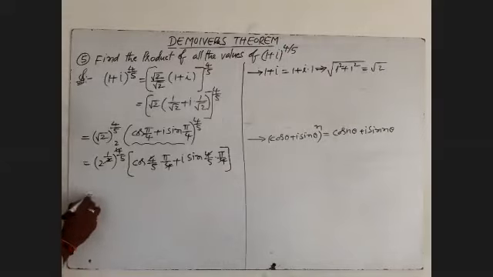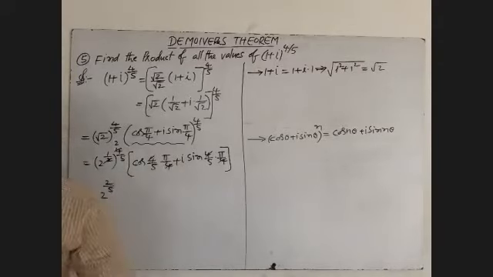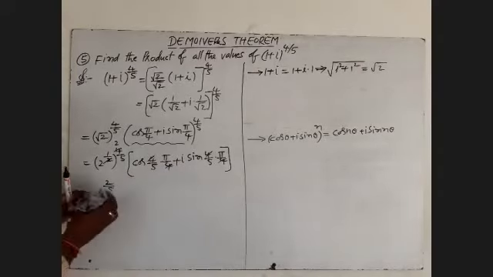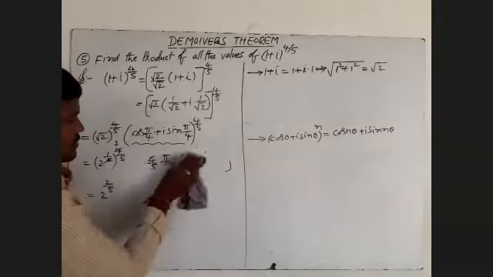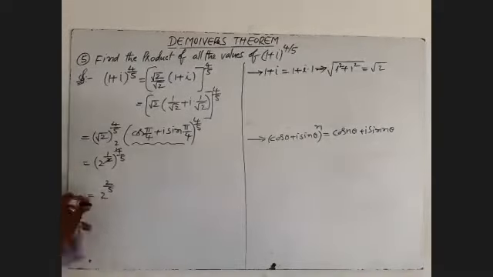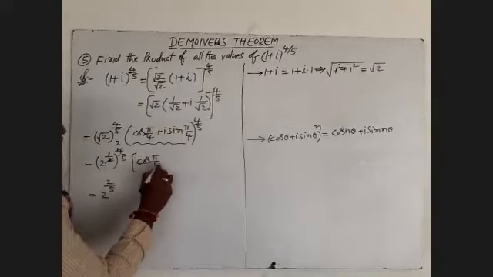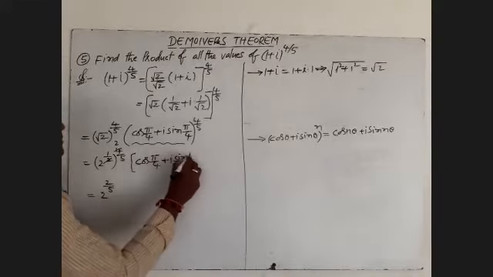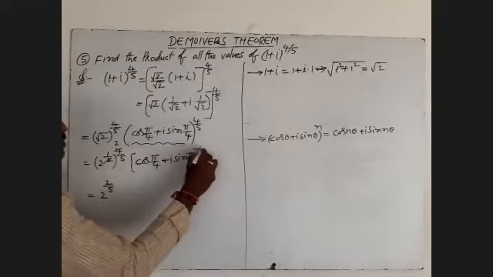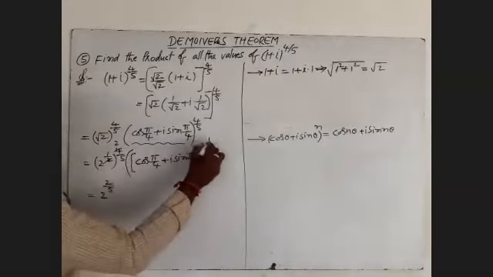Remaining we have to write 2 power 2 by 5 into, so I am sorry, here we'll write (cos pi by 4 plus i sin pi by 4) whole power 4, whole power 1 by 5.